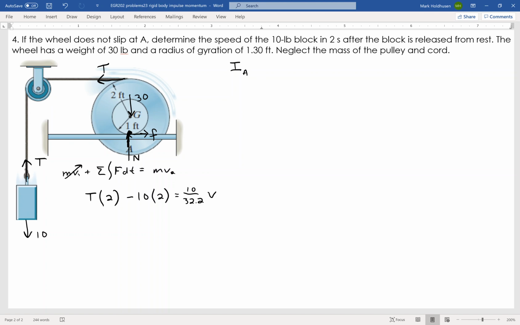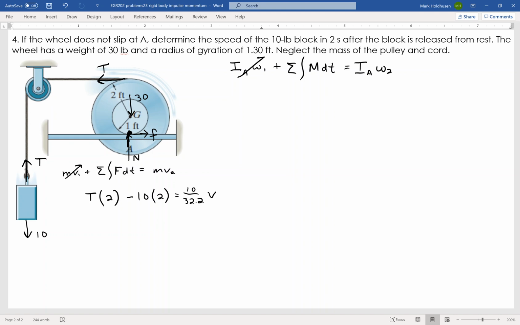A split instant later that's not going to be the case, but for this specific case, right at the point of contact, we know there's no motion, so it's a point of pure rotation. So I have I omega 1 plus any angular impulses equals I_A omega 2.